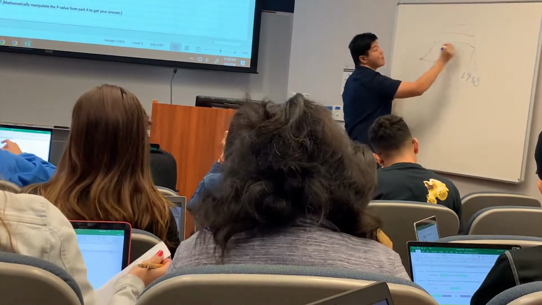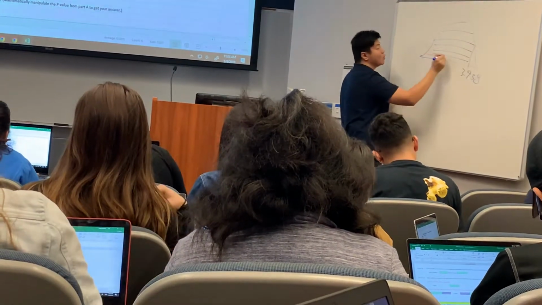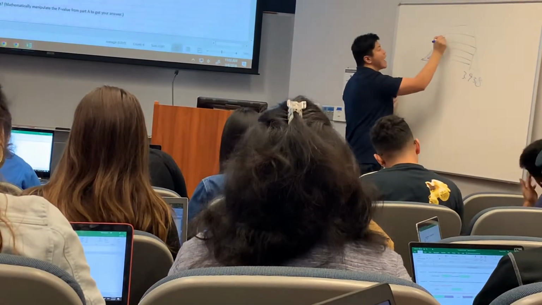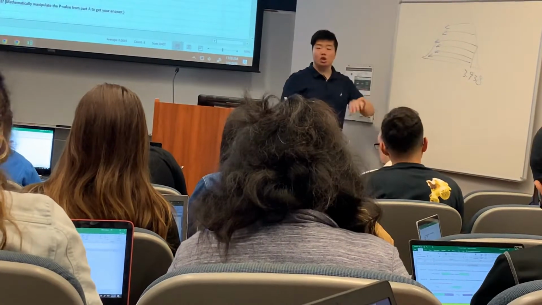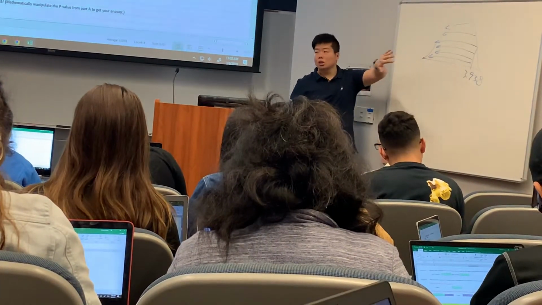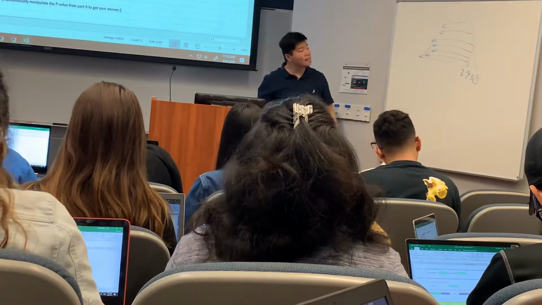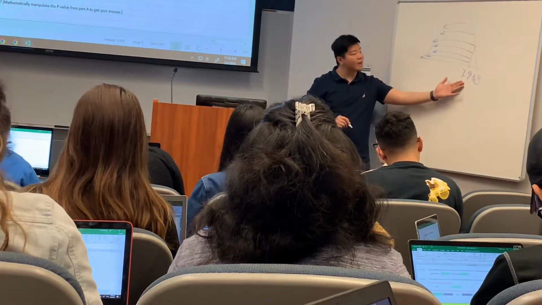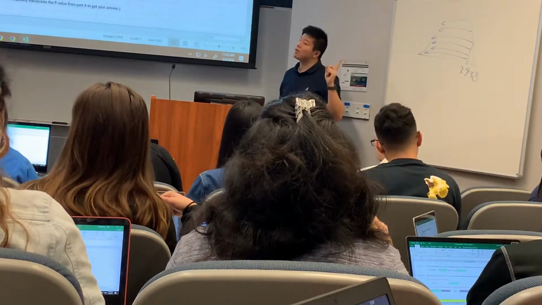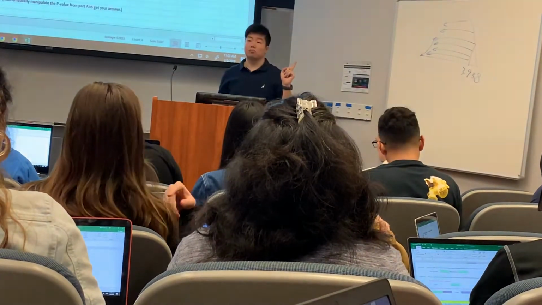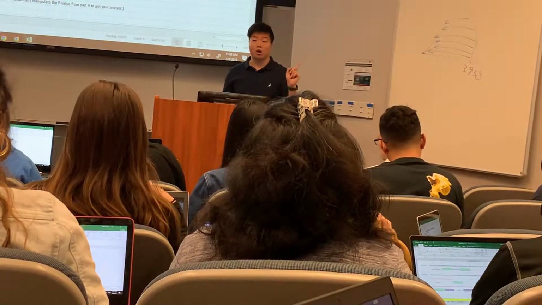Because if this were a lower tail task, then my p-value should be to the direction of my tail, which is to the left, right? Now, what is the p-value from 3.938 to the left? Based on this graph, it must be very large, right? It must be very large.